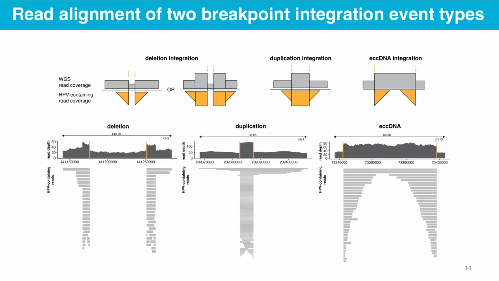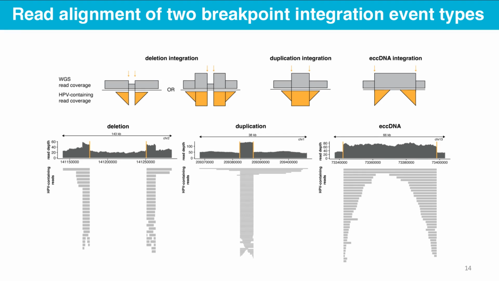So of the 2 breakpoint integration events, the most common are the deletion, the duplication, and the ECC-DNA integration. And this is what the read alignment patterns look like between these 3 types and how I can tell the difference.